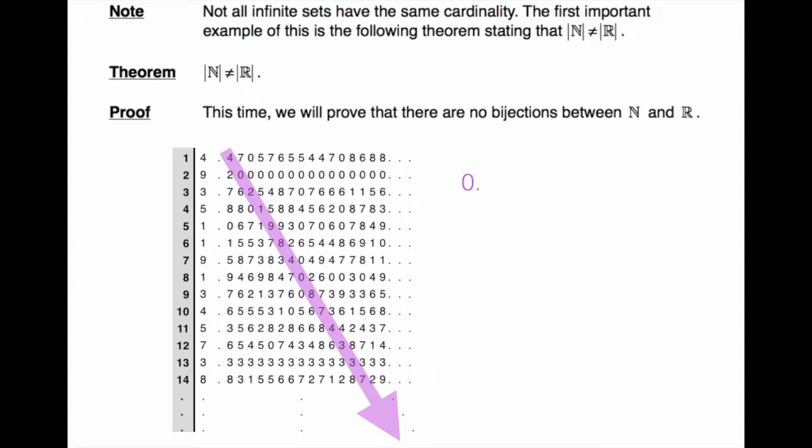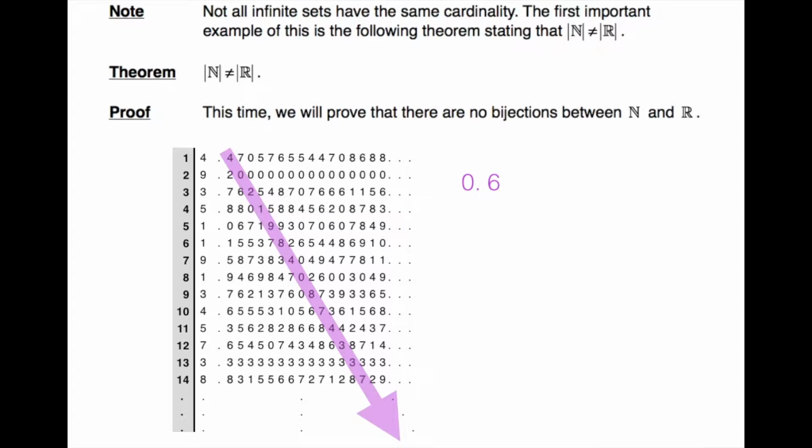So let's just say 0 point, it doesn't matter. And now, given that my first number is 4.4, I'm going to choose a first decimal value that is not 4, for example 6.